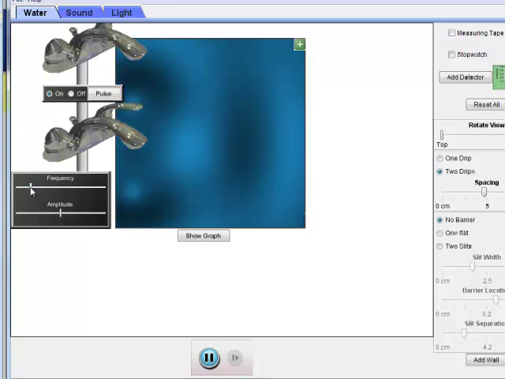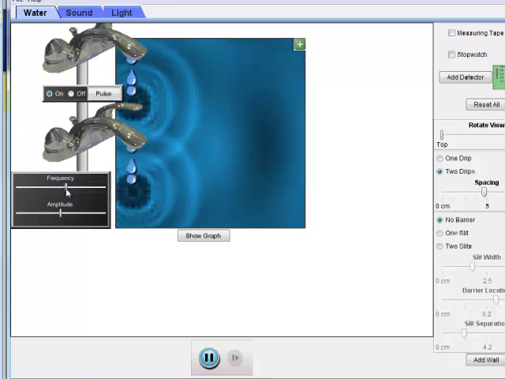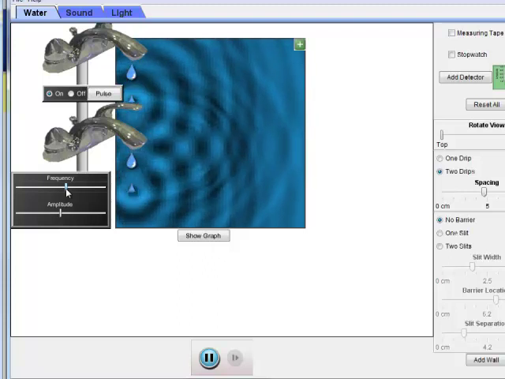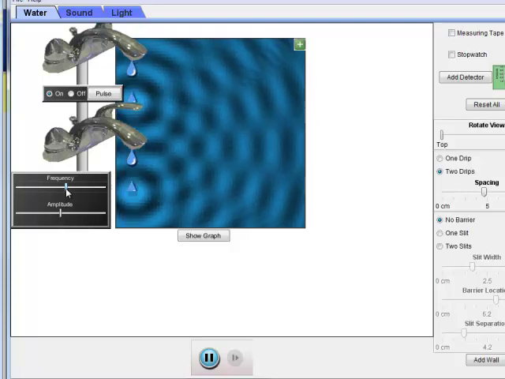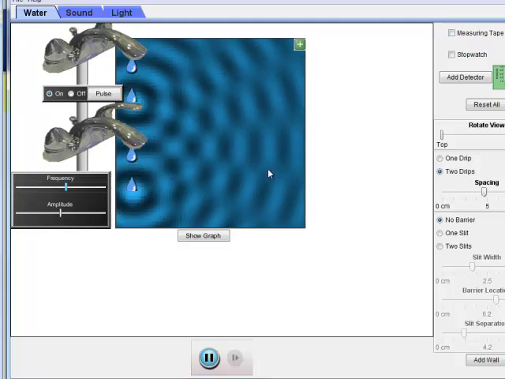I'm going to move them a little further apart and increase the frequency. And we can nicely see here, of course, crest and trough as it's moving away, and in between we can see the destructive interference where you have crest on trough and really nothing happens.